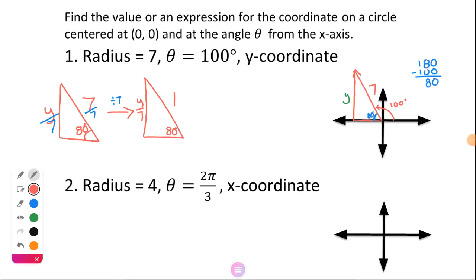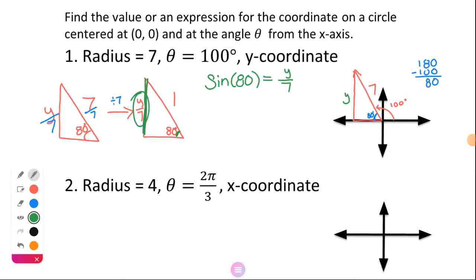And then the last piece would be to actually calculate what this looks like. Since this is our angle and we are looking for the y value, using our evaluation tools, y is always our sine. If you remember back to evaluating, y is sine. So we're going to use the sine function of 80 degrees, the reference angle we're using, which is going to be equal to the length that we found, y over 7.